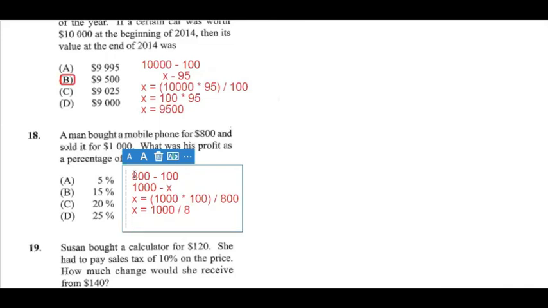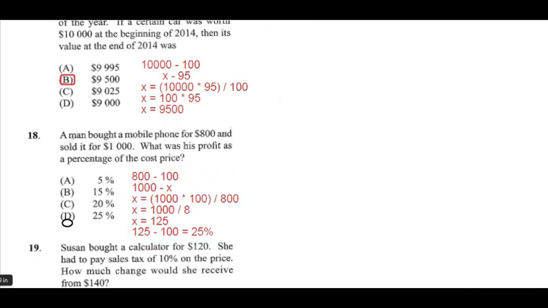So therefore x is equal to 125. So what was its profit as a percentage? It would be 125 minus the initial percentage, which was 100%, the base percentage that we worked with, and that is equal to 25%, and that is the profit as a percentage, and therefore the answer for 18 is D.